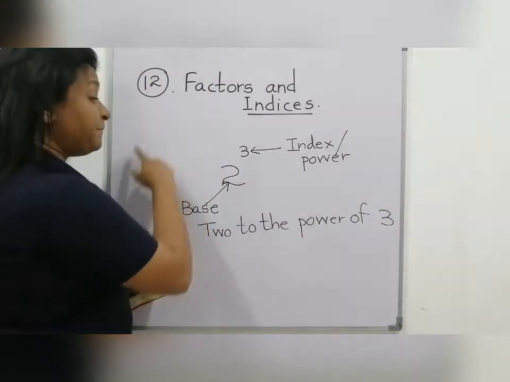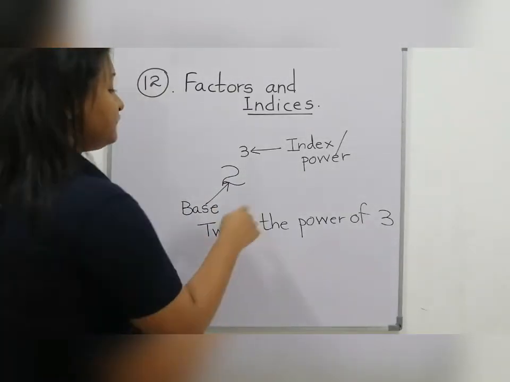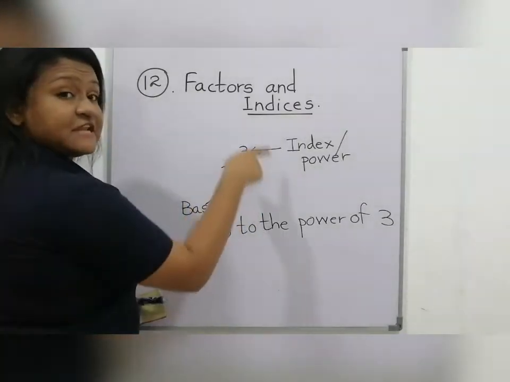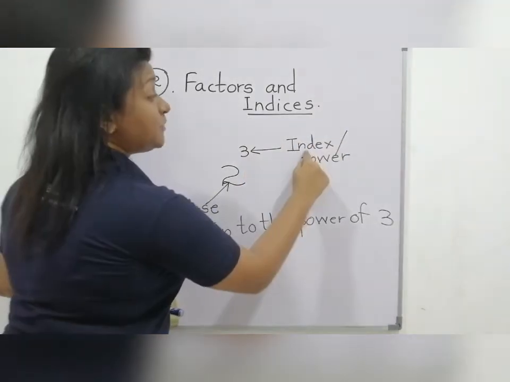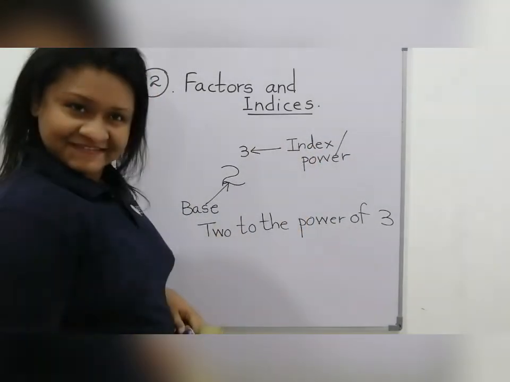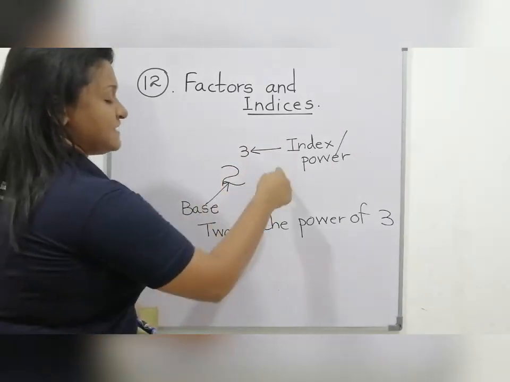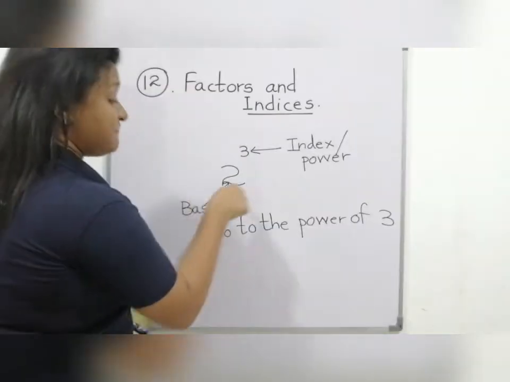We wrote repeated multiplication in shorthand way. We call it writing numbers in index form. Indices means the plural form of index. This is how to write repeated multiplication in index form, in shorthand way.